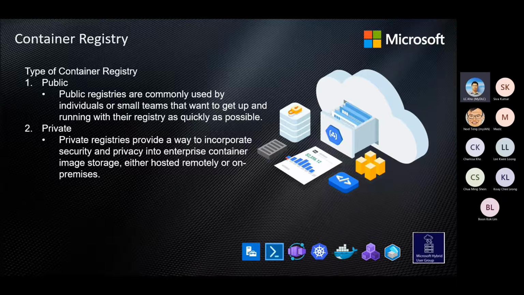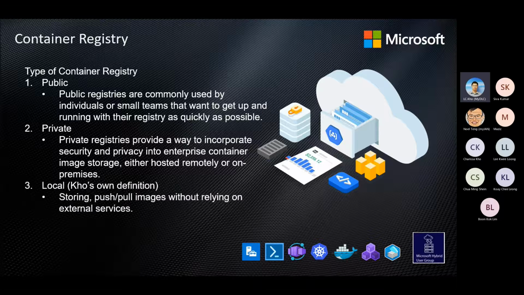And on top of that, we can also run a private container registry locally. By my own definition, I call it a local container registry. This is how we store, upload and download images without relying on external services.